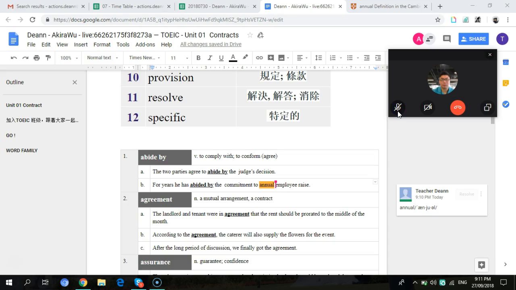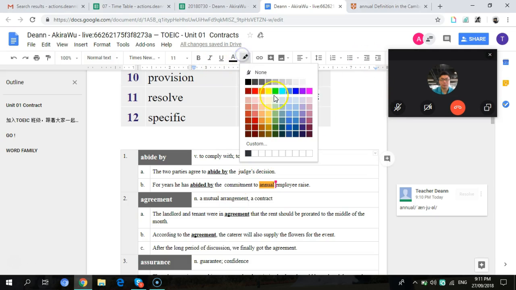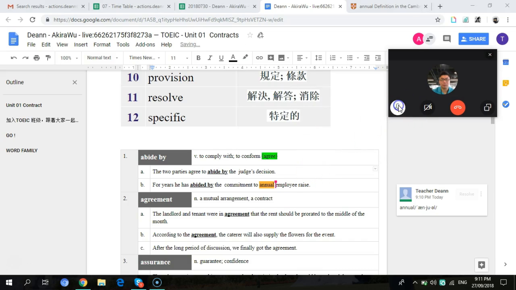Abide by is usually used for which situation? Abide by usually is used in words or terms that are related to contracts or to laws.